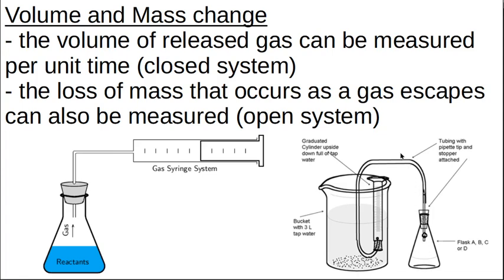The piping comes out, and then it displaces the water, and one of you is reading the markings off the measuring cylinder. This is exactly the same concept as the gas syringe, but you're using the displacement of water. As it pushes the water out of this measuring cylinder, you can take the readings off there. So this is another option for measuring the volume of gas.